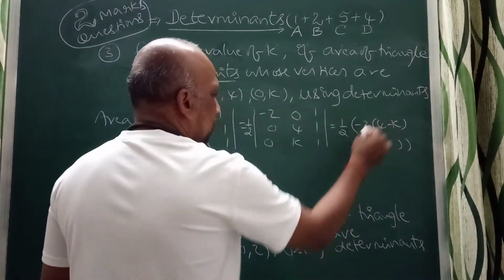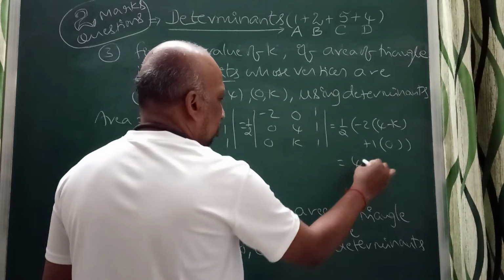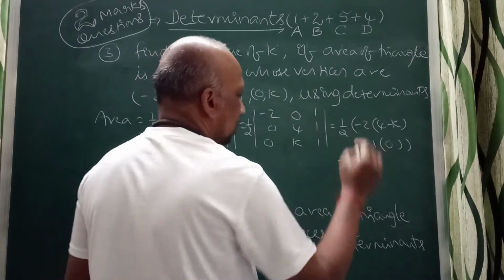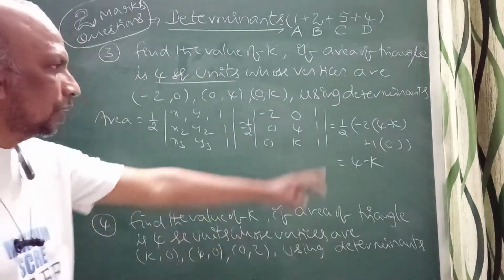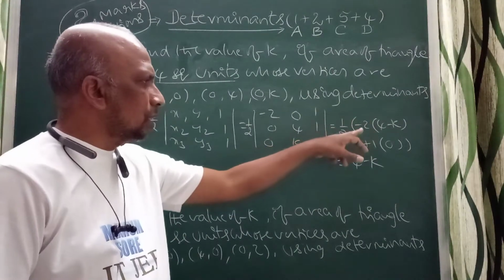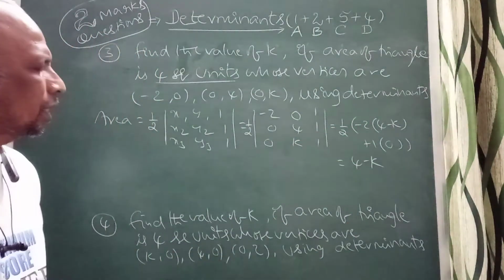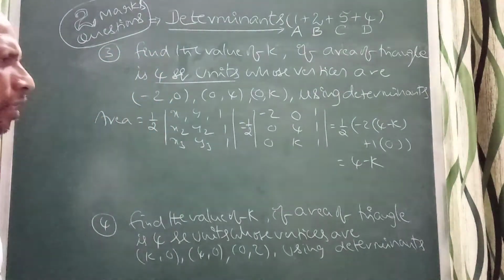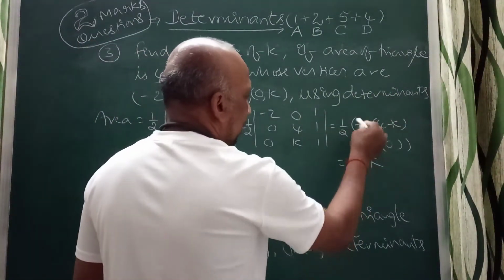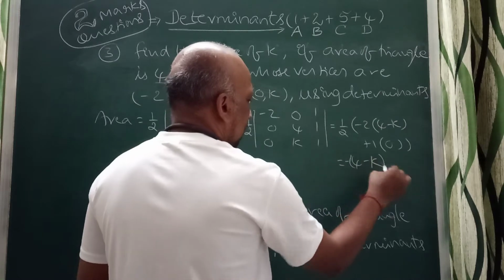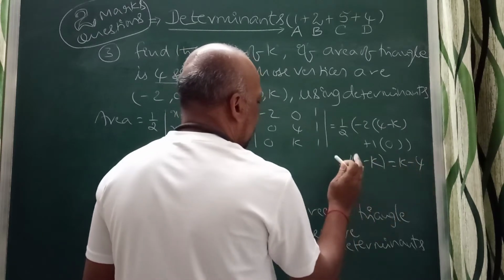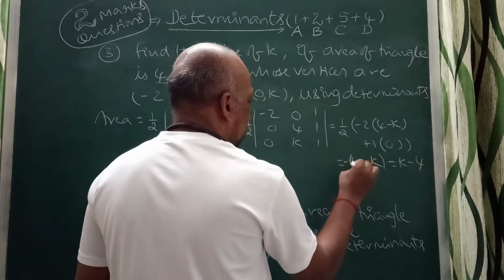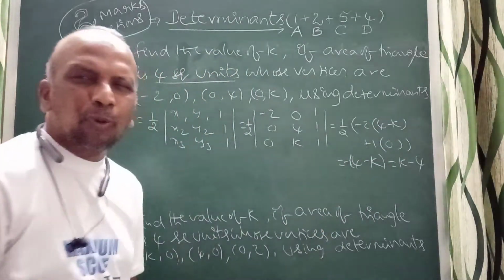The 2 will get cancelled, and we get 4 minus k. This is the area. Multiplying, this will become minus of 4 minus k, which is k minus 4.